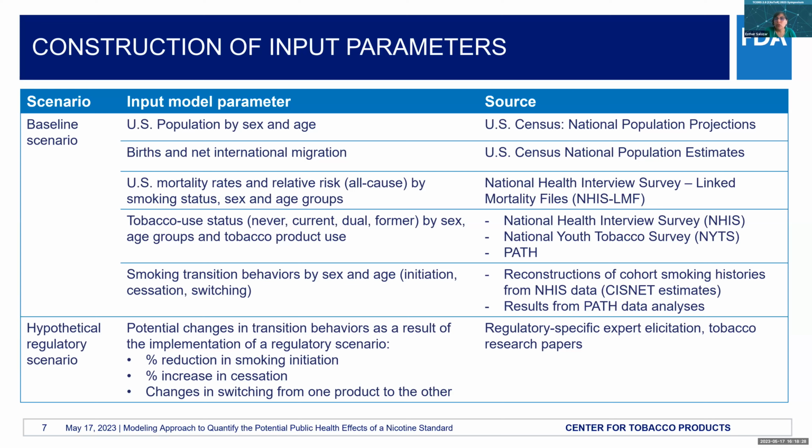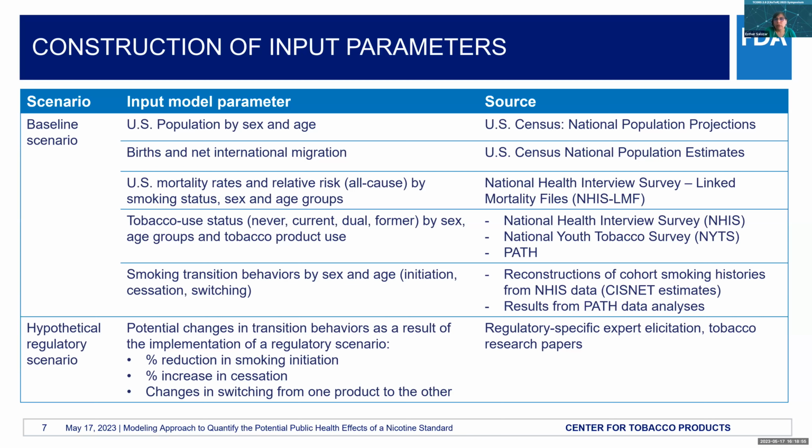Also, to populate tobacco use prevalence into the model, considering the 9 tobacco use statuses for a 2-product scenario, we can use data from different national surveys, such as NHIS, the National Youth Tobacco Survey, and also PATH data. The smoking transition behaviors were obtained from age period cohort model outputs, considering data from NHIS.